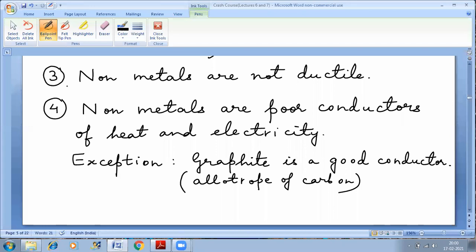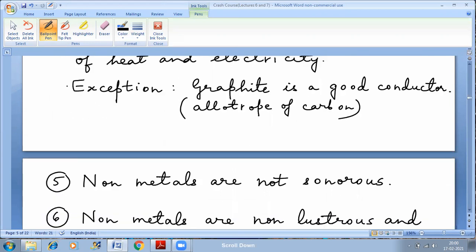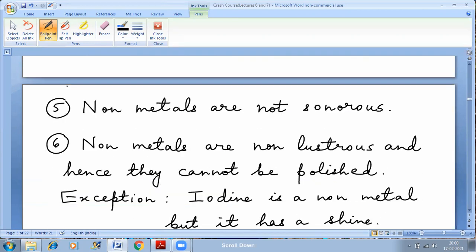Graphite is a non-metal, but it is a good conductor. So they ask you often, name a non-metal which is a good conductor. Graphite.